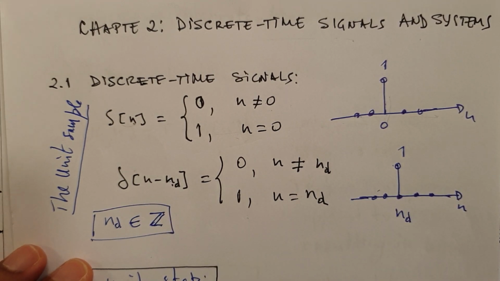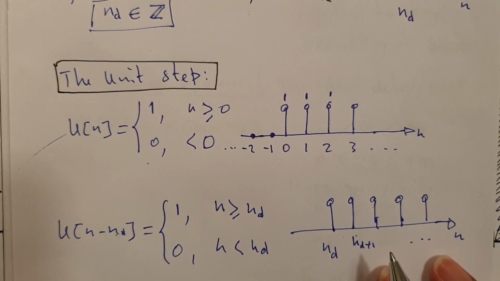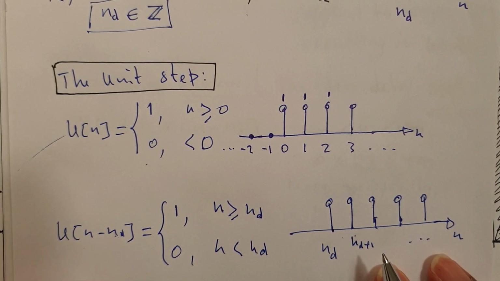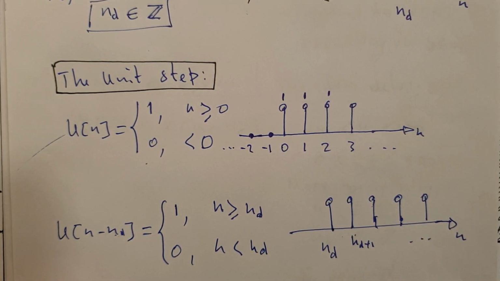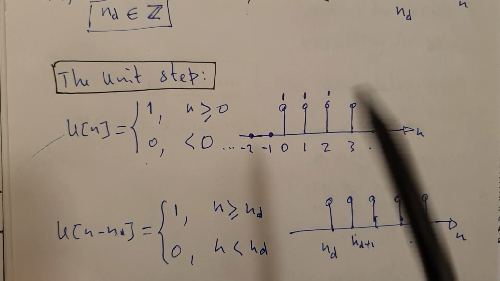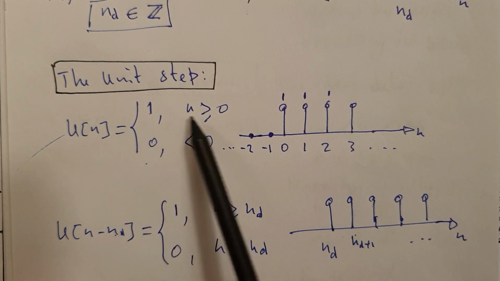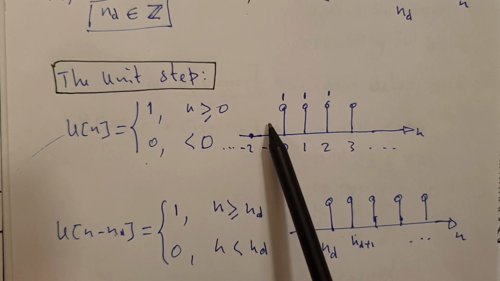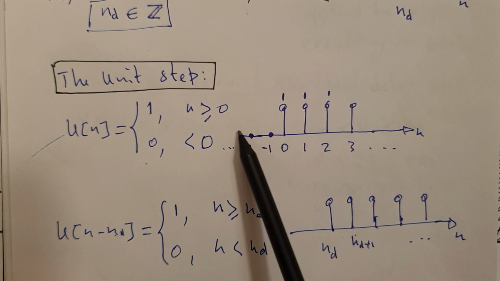Okay, so for the unit step here it's a little bit different, in that instead of one sample we have a sequence of samples, and here we know where it starts. Here it says it will be 1, a sequence of ones, in this case that starts at 0, and it moves to the right to plus infinity.